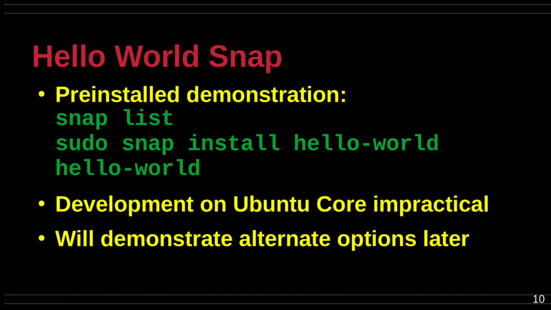Therefore, before drilling down to develop a snap for Ubuntu on the desktop, let us quickly run the Hello World snap using a pre-installed version. In this demonstration, Hello World is not installed as evident from the snap list command.